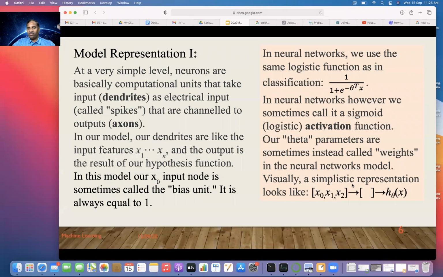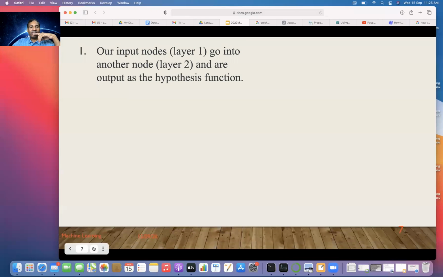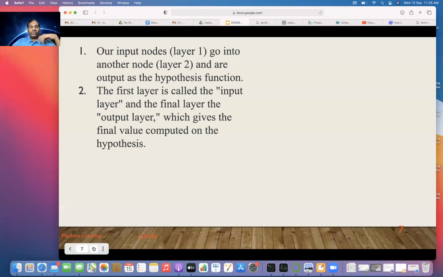Visually, a simplistic representation looks like x0, x1, x2. These are the initial features. Then you will add some more nonlinear features. Finally, you'll get some hypothesis function h theta x. Our input nodes, layer 1, go into another node, layer 2, and our output is the hypothesis function.